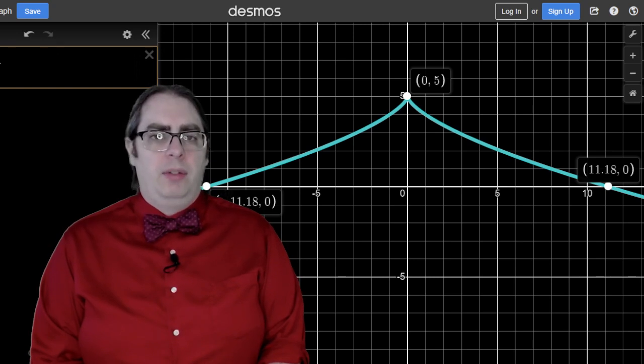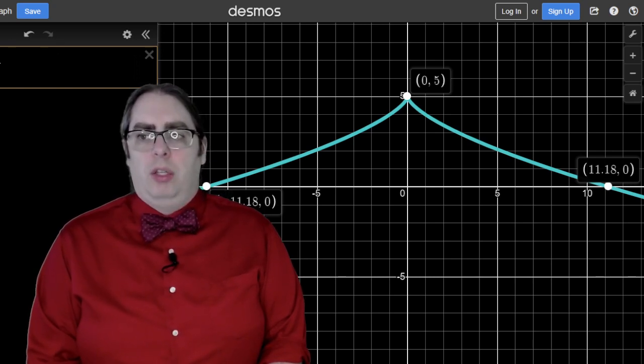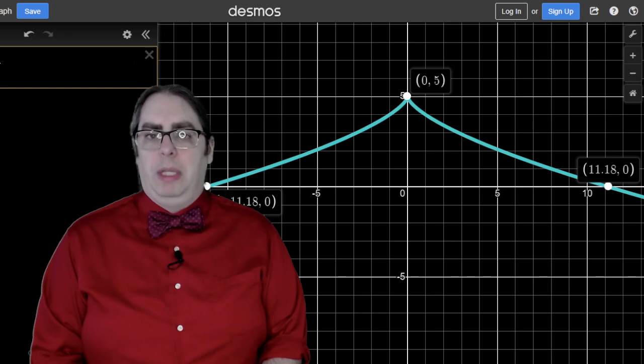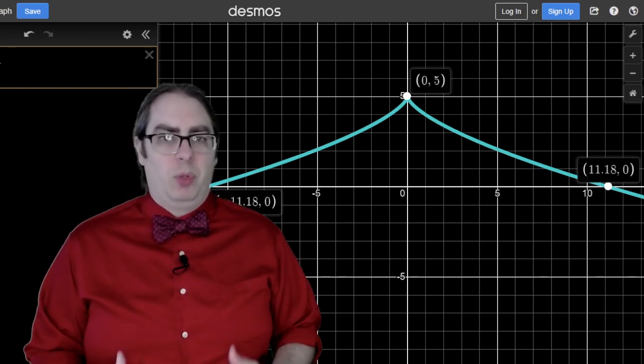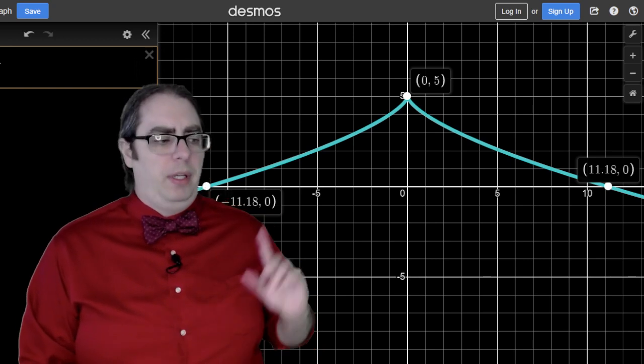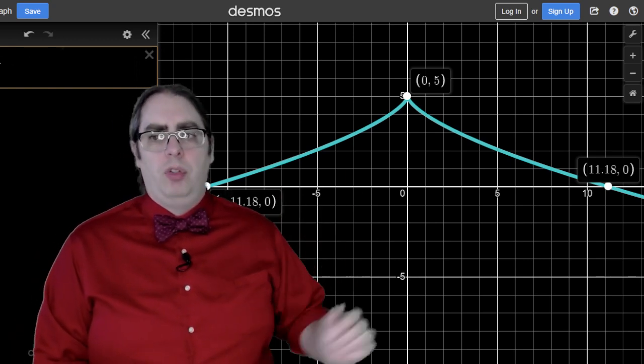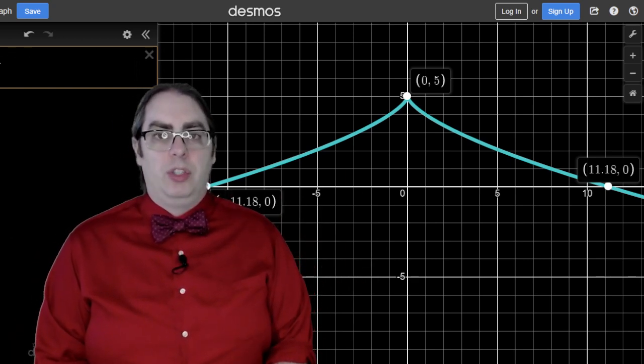Other than that, though, we can think about this as something we can build on. I don't expect you to be able to do it now. This is more of a skill building thing. But thinking about what some of these features mean.